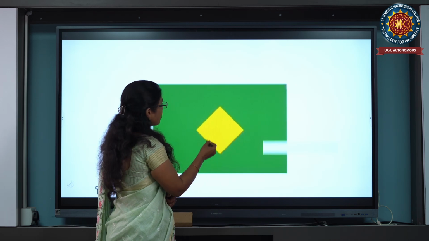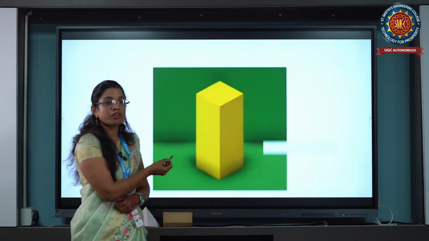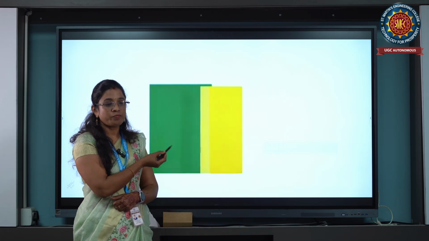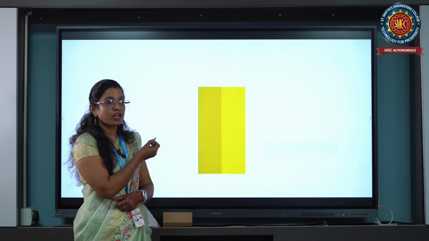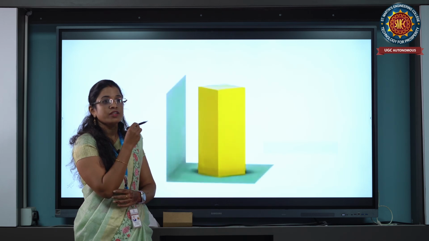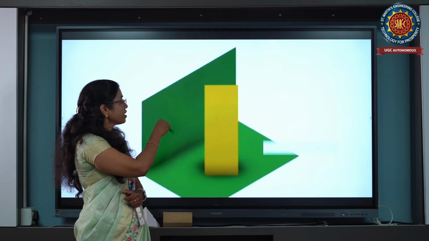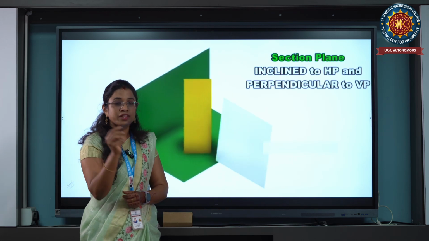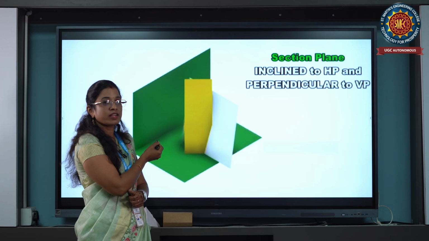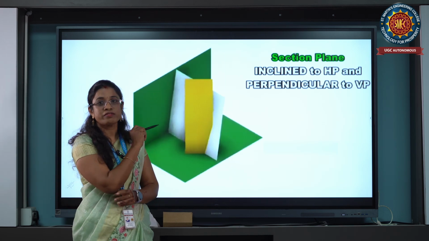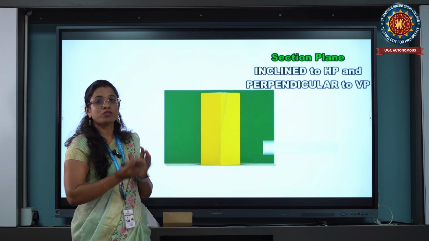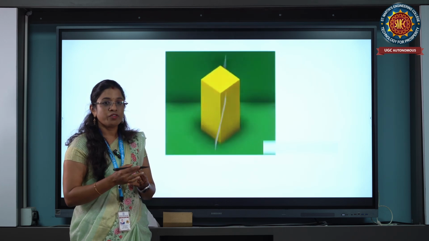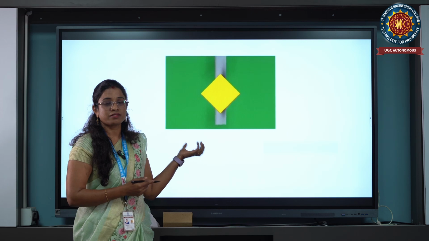Here we are using different types of section planes in this video. How we will get the true shape of the section, the true shape of the prism and pyramid. That imaginary plane is called a section plane. Here we are using different types of section planes. How you will get a true shape, a front view, and a top view, we need to draw by using these section planes.